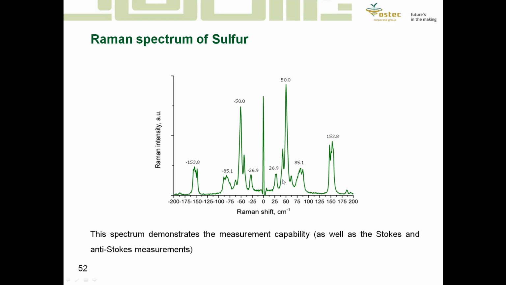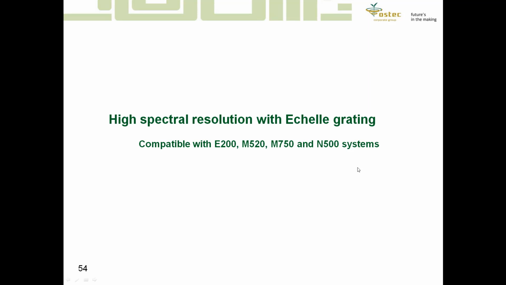It also has a lot of peaks below 770 wave numbers, which are not available for standard filters. And again, Stokes and anti-Stokes spectroscopy allows us to get additional information, which is the temperature on the surface in the laser spot.